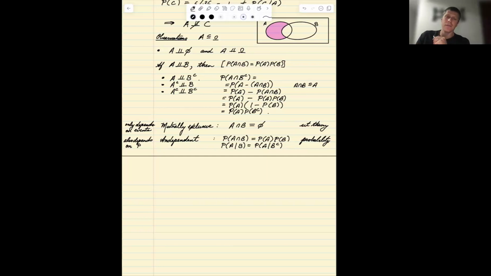So it affects my opinion, and therefore, most certainly, they are not independent, unless one of the two has probability 0 or one of them is empty, or situations like that. So don't make that mistake. It's a common one to think that they're similar, and they're not even close.